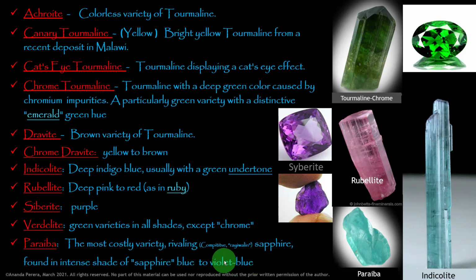Neon blues also. So look at the Paraiba color. Rubellite. Look at the shape and the straight lines, vertical lines. Look at the indicolite, straight lines. Chrome tourmaline, cut and polished one. These are the varieties.